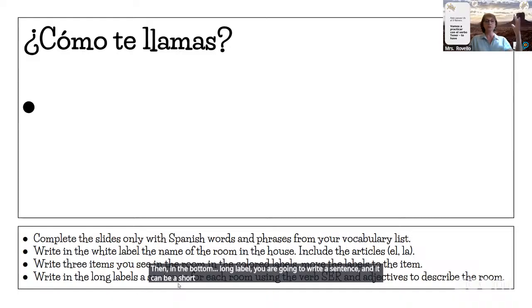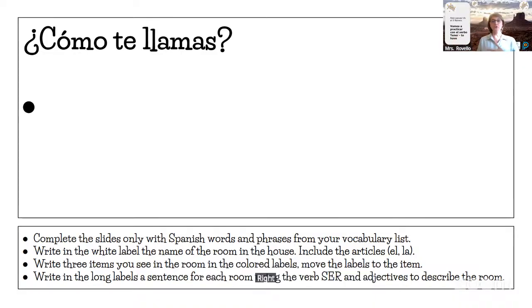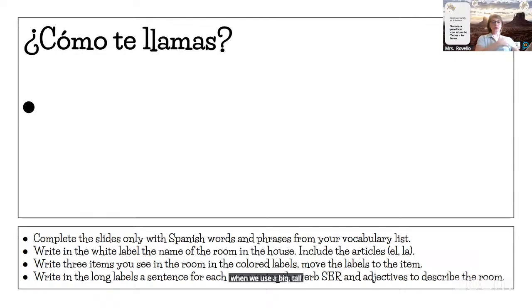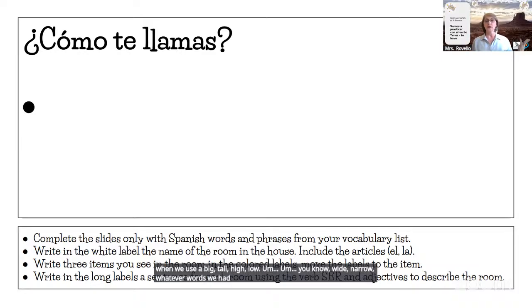It doesn't have to be a thesis, but you need to use ser, and you need to use an adjective, because remember, we use ser, yo soy, tú eres, él es, ellos son, when something is permanent, when we are describing them, when we use color, when we use big, tall, high, low, wide, narrow, whatever words we had in Unit 1 in our adjectives to describe, pretty, ugly, right?